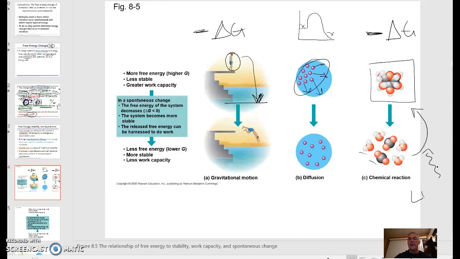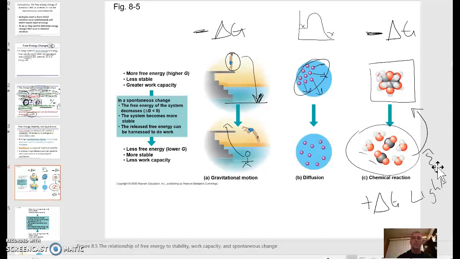You're going to have to put light into that situation. So if you're going to go from very disordered things to a more ordered structure, then that would have a positive delta G, okay? And that would be anabolic. So, if we have our guy down here and he's in the water and we want to get him to a position of instability, well, to go up those steps, you have to invest energy.